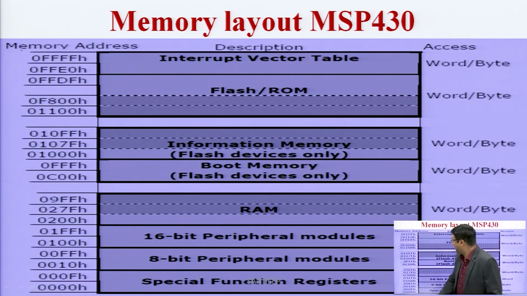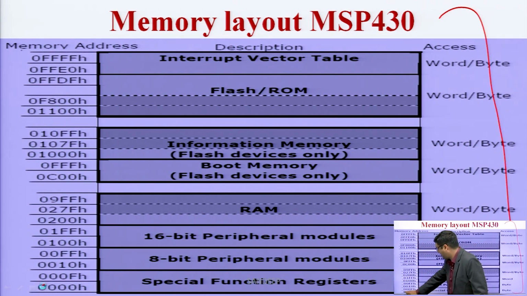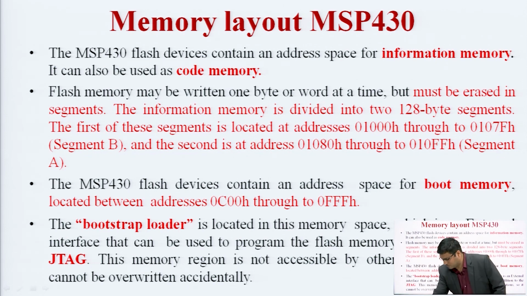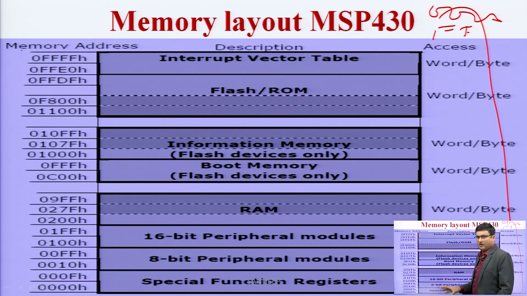We will see here the distribution of the memory, starting from 00000 to 0FFFF. This is a contiguous address space. You can see that the SFR is available from 0000 to 000F, the 8-bit peripherals, the 16-bit peripherals from 0100 to 01FF, and the RAM from 0200 to 09FF.